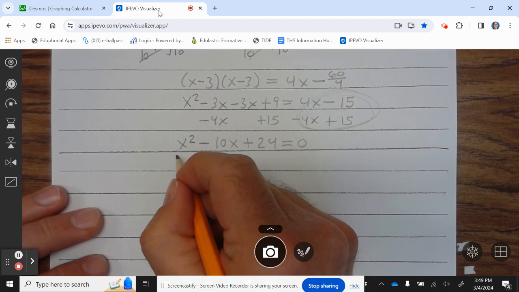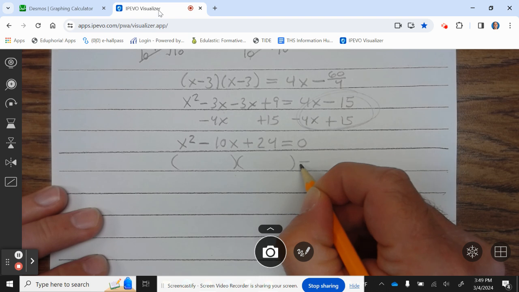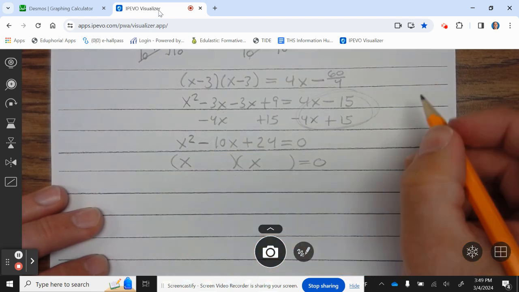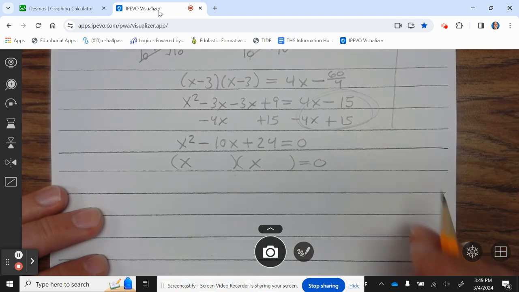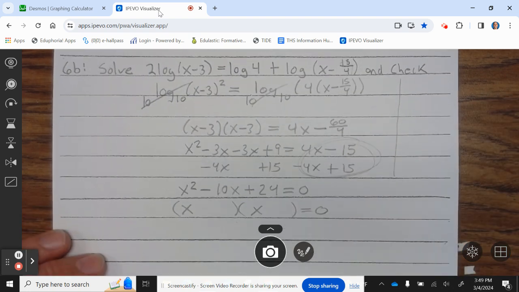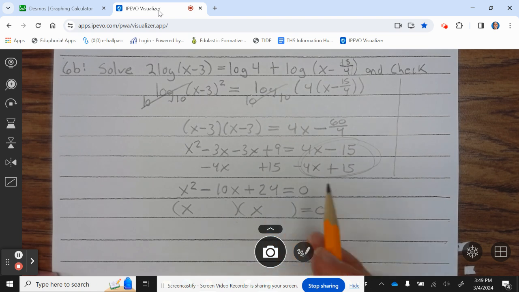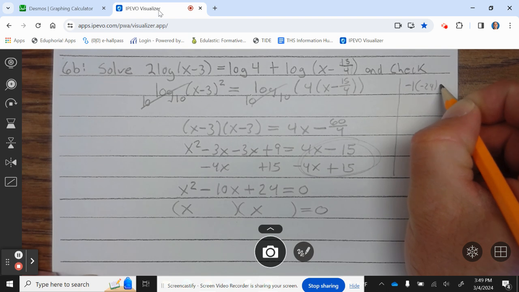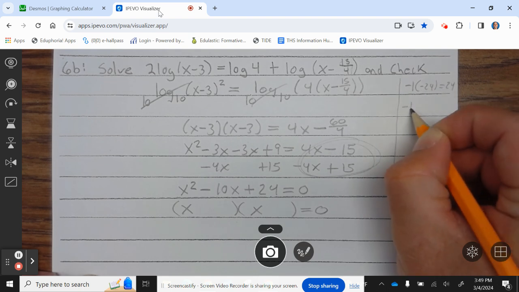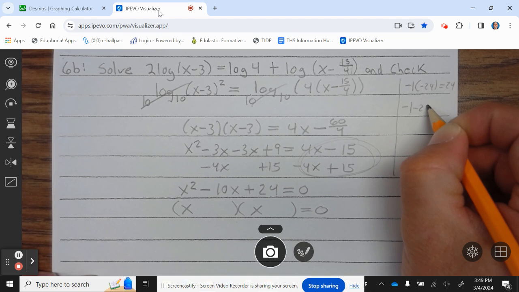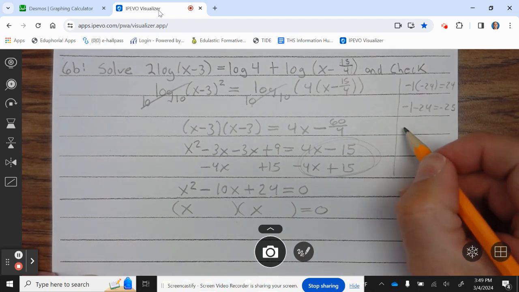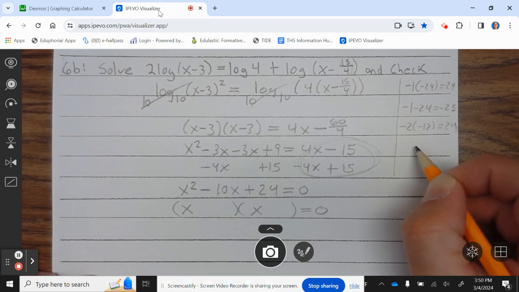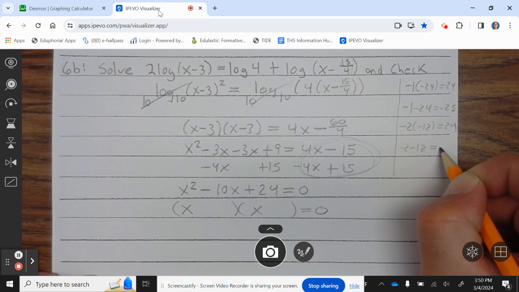Now we know 2 parentheses equal to 0, x and x. Now we need to figure out what numbers multiply to give you a positive 24 and combine to be a negative 10. So negative 1 times negative 24 is positive 24. Negative 1 minus 24 is negative 25. That doesn't work. Negative 2 times negative 12 is positive 24. Negative 2 minus 12 is negative 14. That doesn't work.